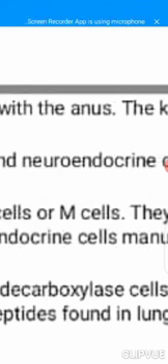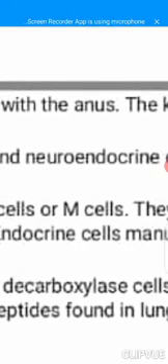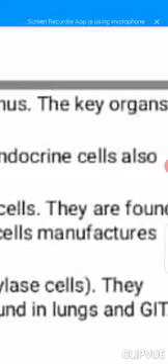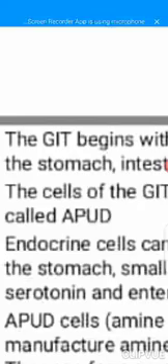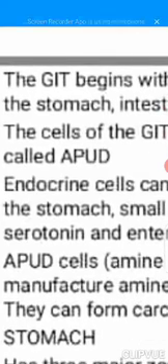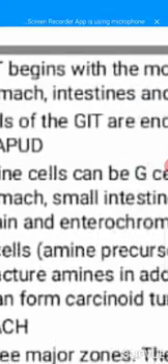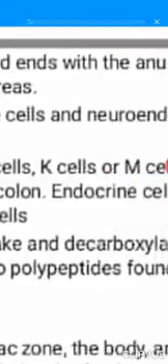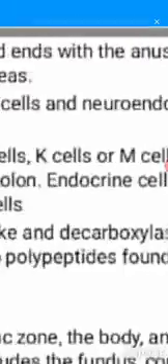That's why we call them neuroendocrine substances. They are hormones, but they can act as neurotransmitters sometimes. Now, these neuroendocrine cells are also called the APUD cells. APUD stands for amine, precursor, uptake, and decarboxylase cells.